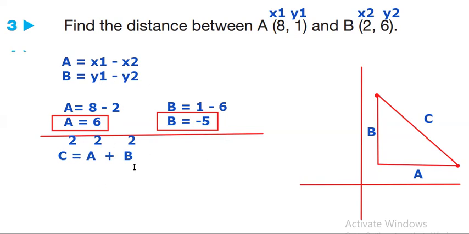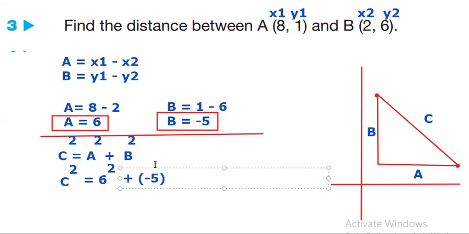Now I'm going to use both of them here to find C. I'm going to follow the same steps I do with Pythagoras. So C squared equals A squared, which is 6 squared. So I'm going to write 6 squared like this. And if I have a negative number, it should be inside brackets. So plus bracket, negative 5, close bracket, squared.